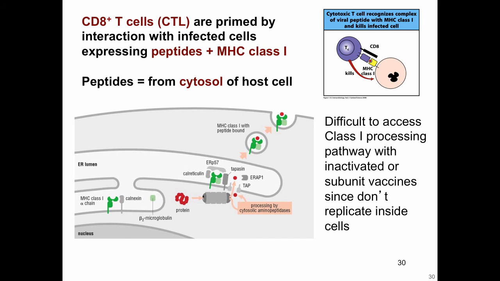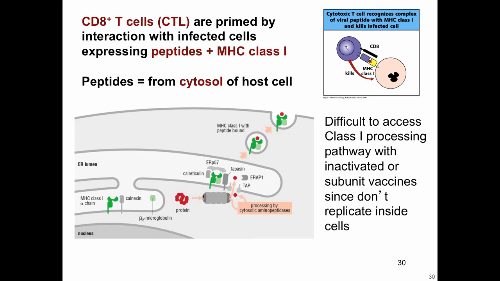As you may recall from the earlier lecture on antigen recognition and MHC presentation, in order to present peptides on MHC class 1, which is required to get a CD8 T cell immune response, those peptides need to come from proteins that were made within the cytoplasm of the host cell.